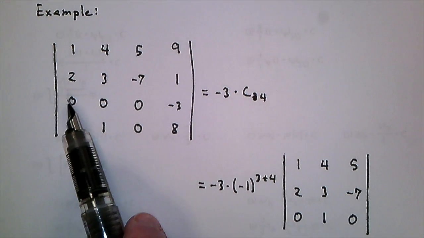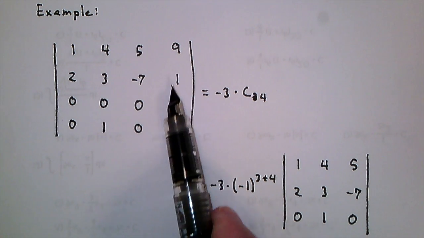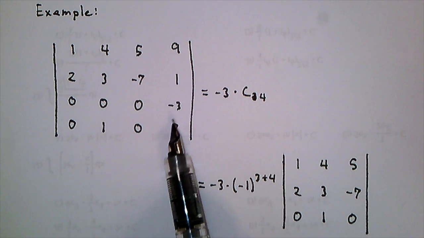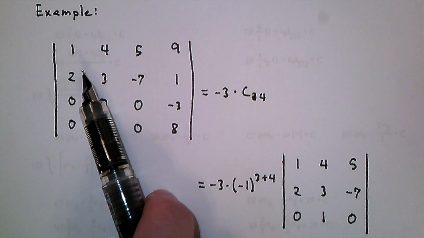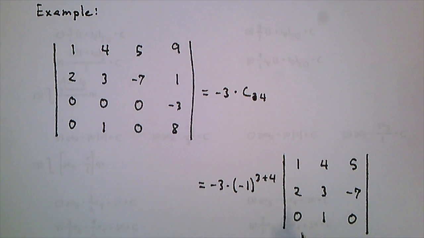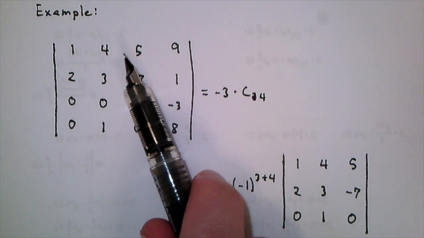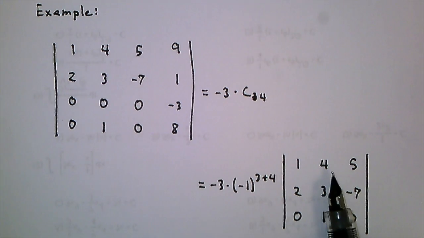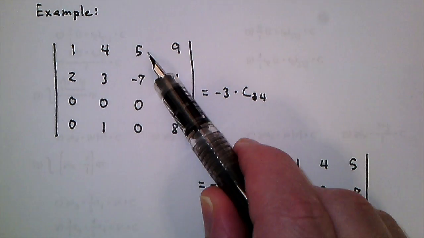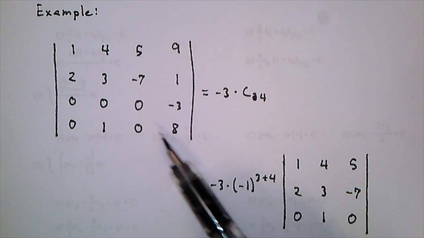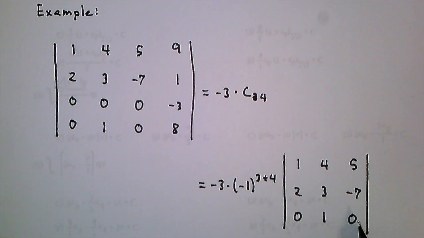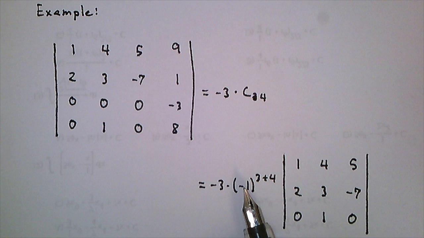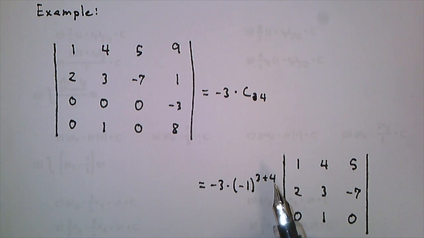We're going to delete the third row and the fourth column and then take what's left over. We have a 1, 2, 0 in our first column, and then we have 4, 3, 1 in our second column, and then 5, minus 7, 0 in our third column. And then don't forget about your minus 1 to a power in the front. So here we have minus 1 to the 3 plus 4 power. This will give us a negative.